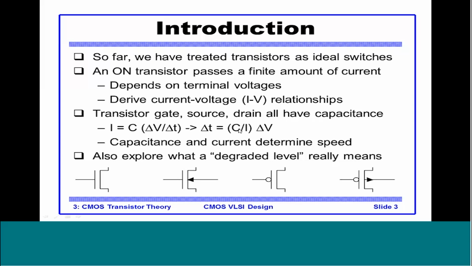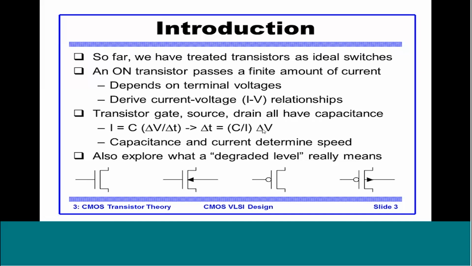What this means in other terms is that the effect of changing input can be described by delta V here. The effect of changing input takes some finite amount of time to get translated into the output.